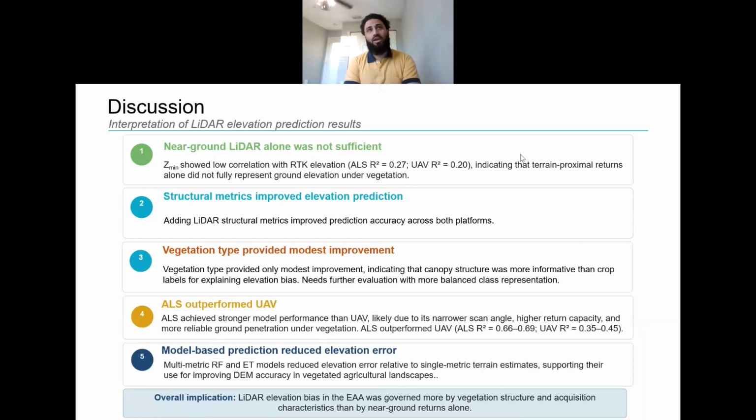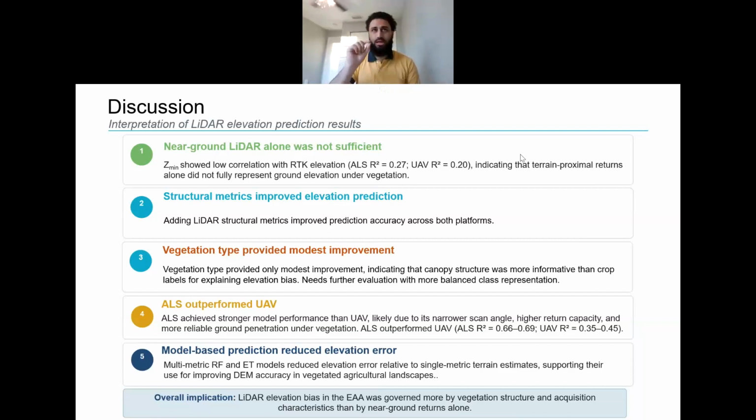Now, why did airborne perform better than UAV? I told you that when we send the beam, there will be multiple returns: from the top, from the second, from the third layer, and from the fourth layer. The thing with airborne LiDAR is that it's sophisticated in that the sensor has the capability to store up to 6 returns.